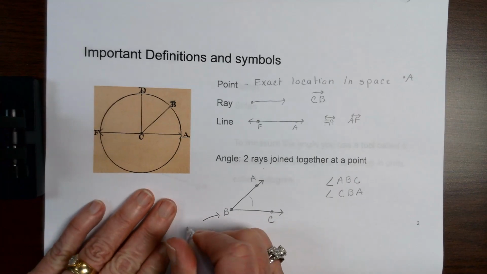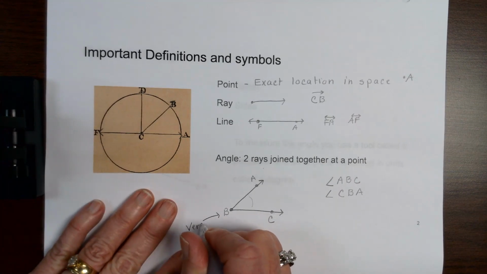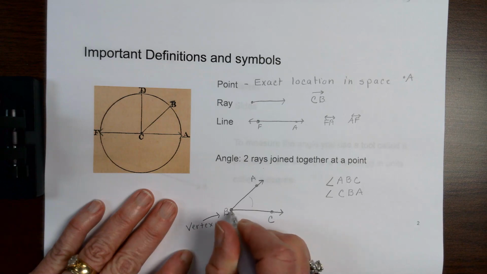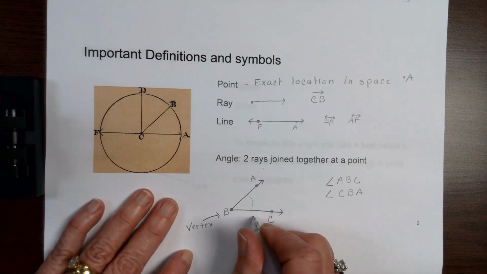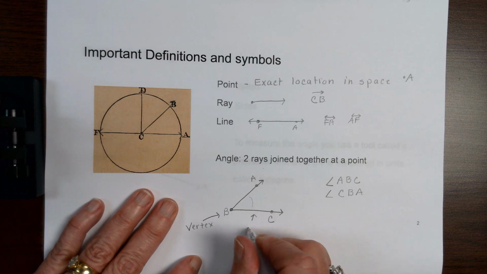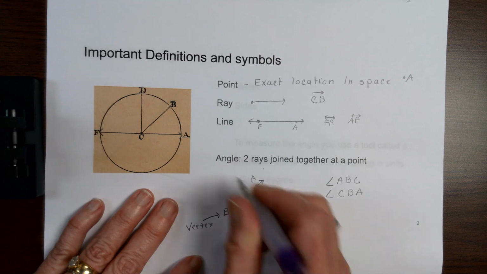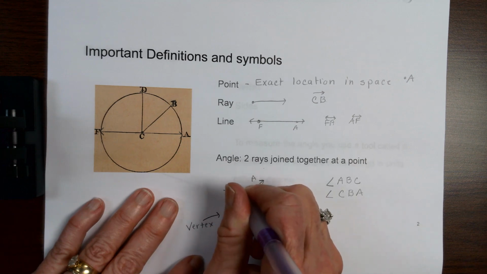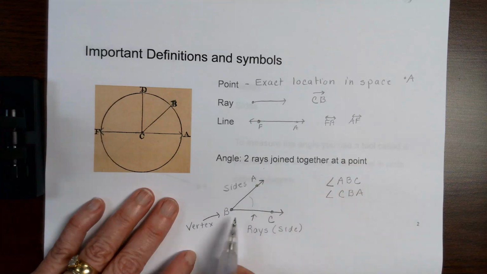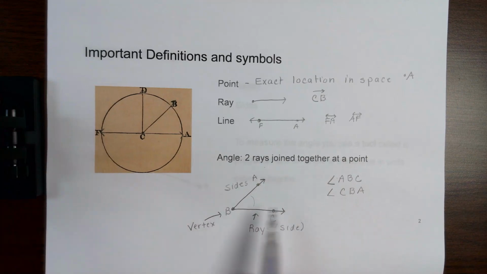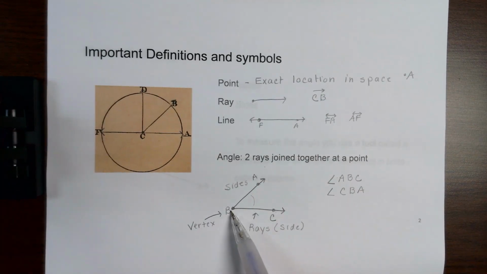This is considered a vertex of the angle. It's the point that the two rays join at. And these are considered rays or the sides of the angle. So when you name the angle, you can't start with the vertex.